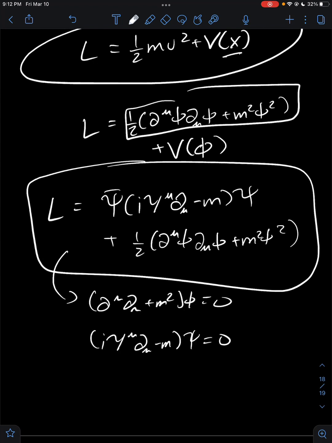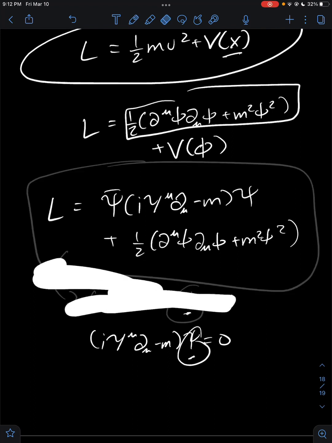But these were the same equations that we had beforehand. So the scalar field does not react to the presence of a spinor field, and the spinor field does not react to the presence of a scalar field. So we call each of these fields free. An electron and a Higgs boson won't collide with each other.